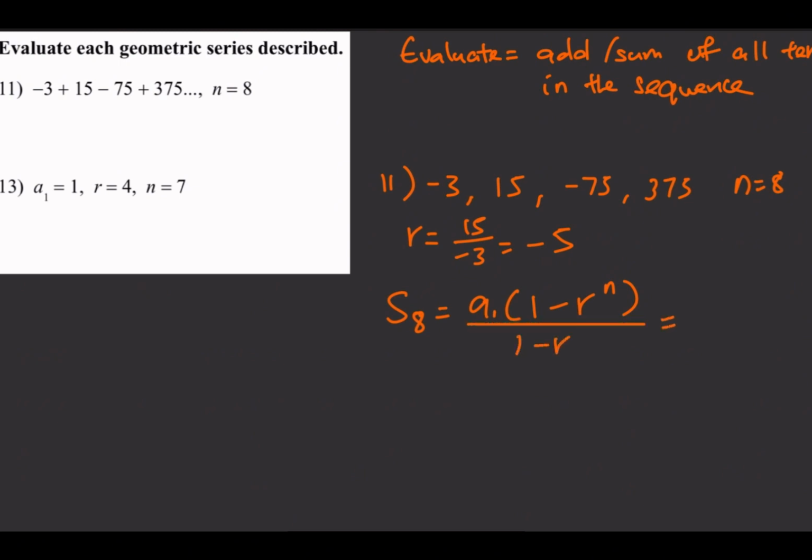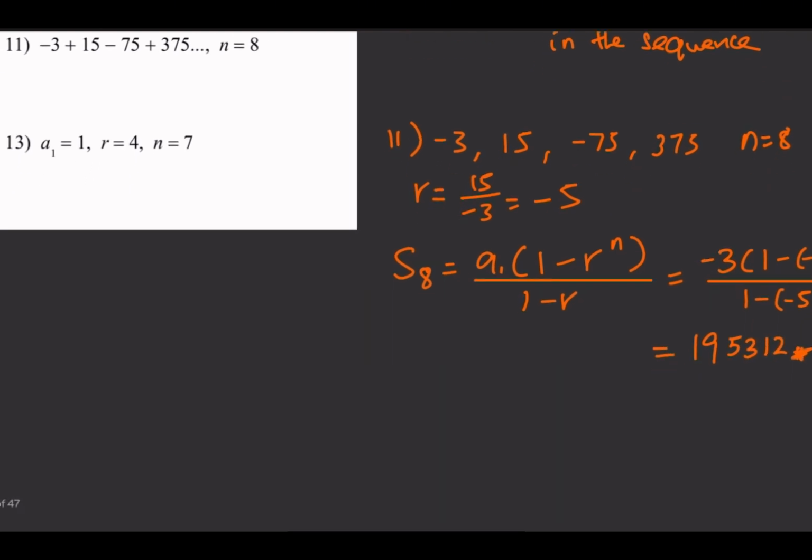In this case, A1 is negative 3, multiplied by 1 minus the ratio negative 5 to the power of 8, divided by 1 minus negative 5, and in this case just type it in your calculator. Number should be 195312, and that is the sum of the first 8 terms of the sequence.